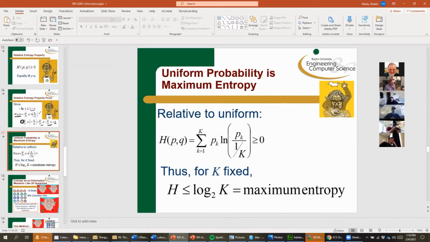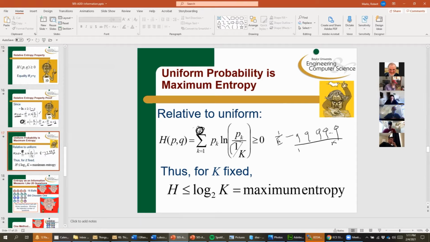Now, we can use this to show a very important property: the maximum entropy that you can get out of capital K probabilities is a uniform probability. So we know if we have K equally probable events from 1 to K, each one of the values must have a value of 1 over K. So therefore, that's what this probability is.